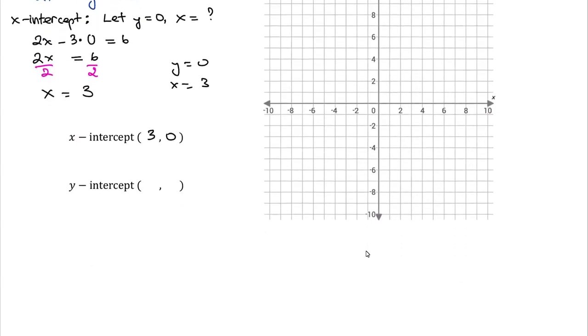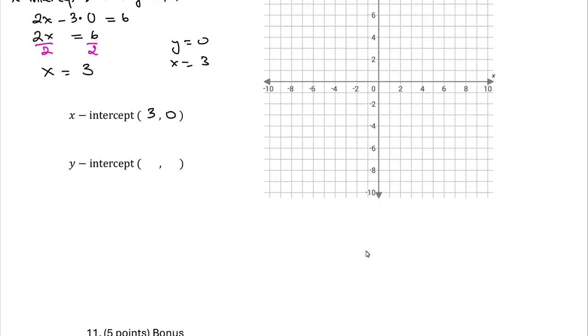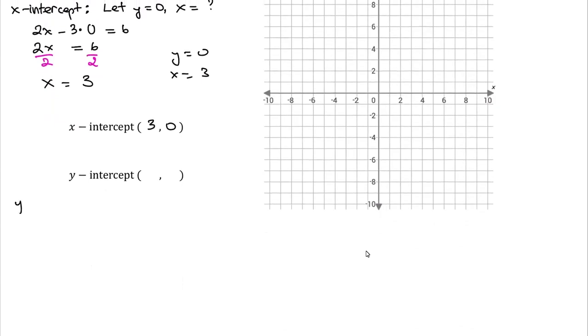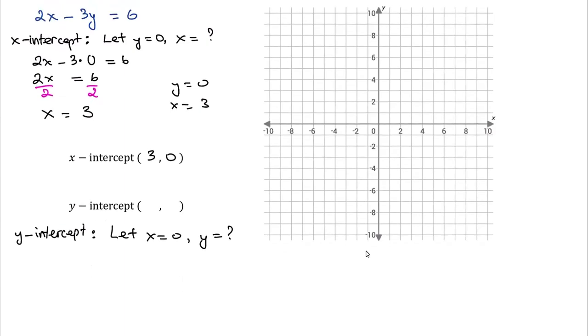Okay? And then let's find the y-intercept. For the y-intercept, you're going to let x equal 0 and you find y. All right? So we have 2 times 0 minus 3 times y equals 6.